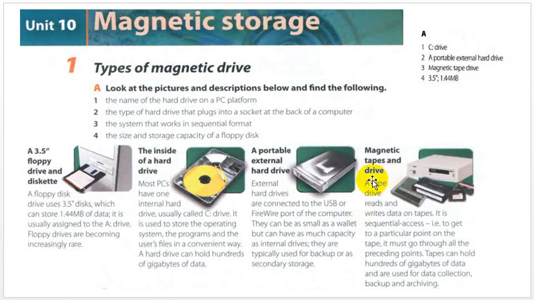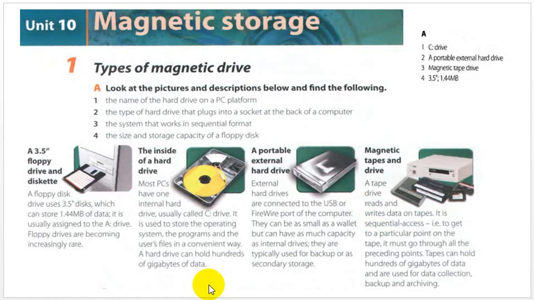Magnetic tape drive. A tape drive reads and writes data. What is its job? Read and write data on tapes. Once again, magnetic tapes and drive. A tape drive reads and writes data on tapes.